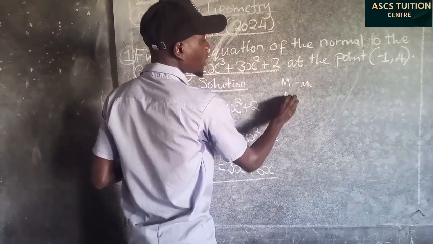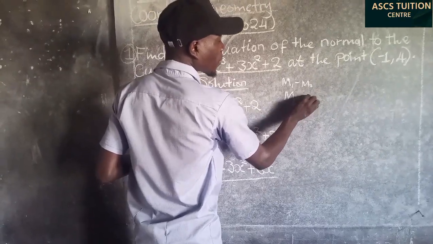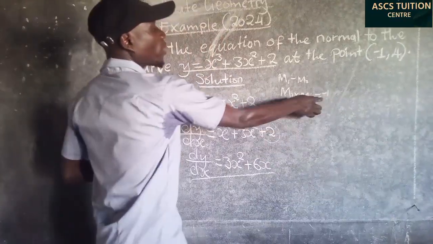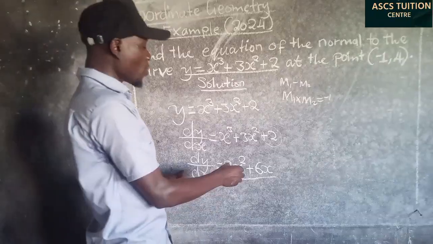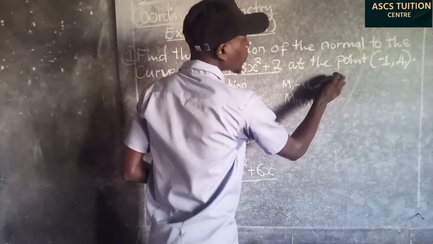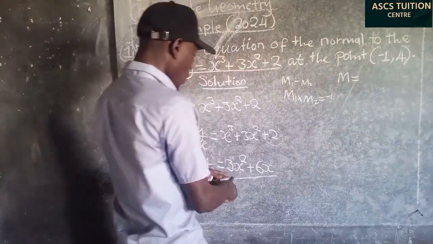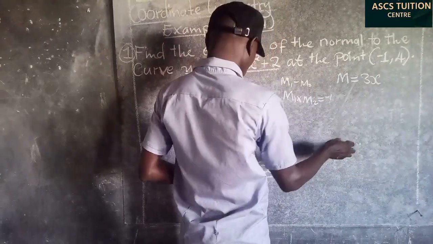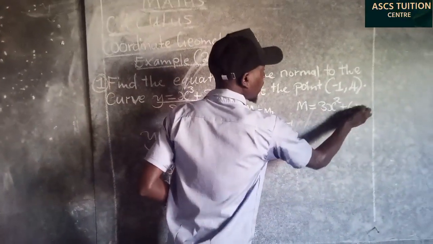Or we say gradient 1 times gradient 2 will give you a negative 1, which is what you are going to find at the end here. So what we will do, you will say gradient is equal to, you copy this, which is 3x squared plus 6x.